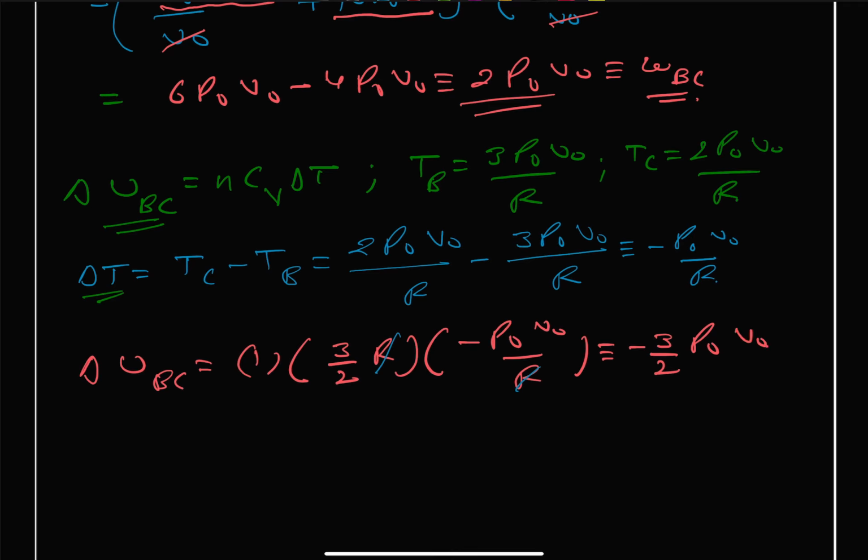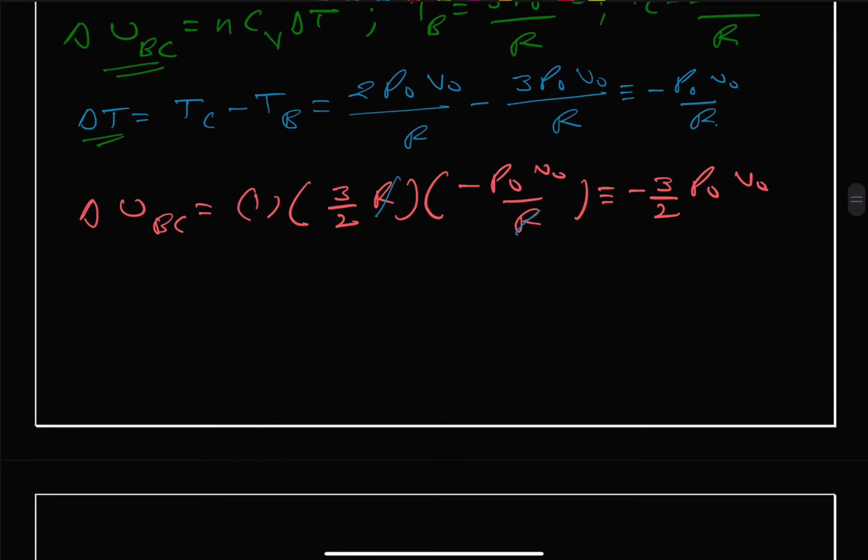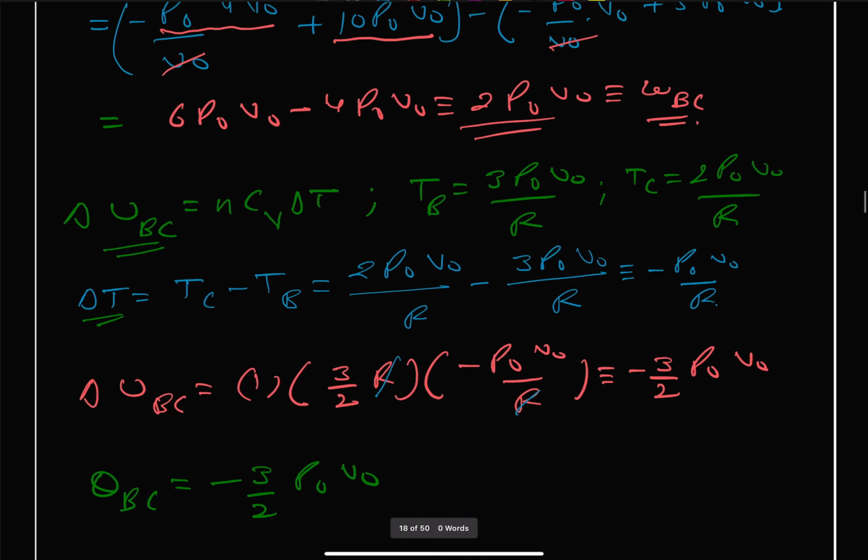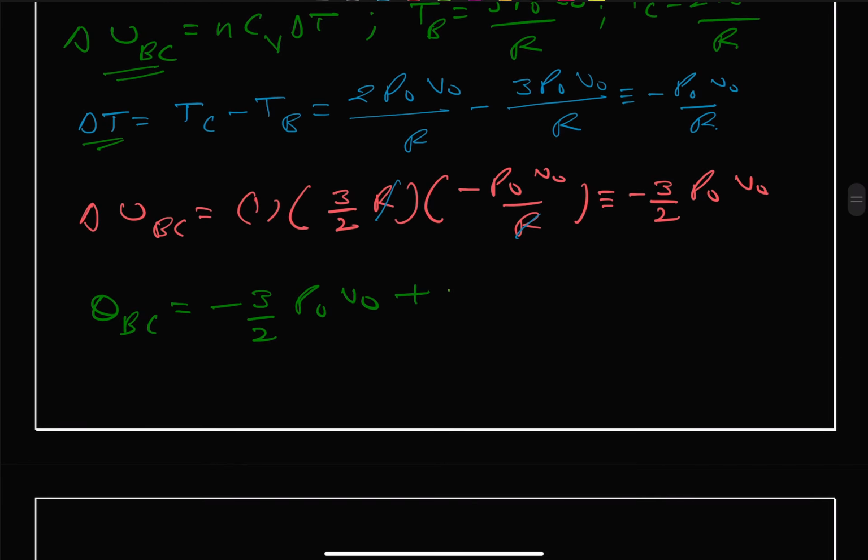Now we can find finally that QBC will be equal to internal energy, minus 3/2 P naught V naught, plus work done, twice P naught V naught. So this comes as 4 minus 3, which is equal to 1, so we get P naught V naught upon 2.